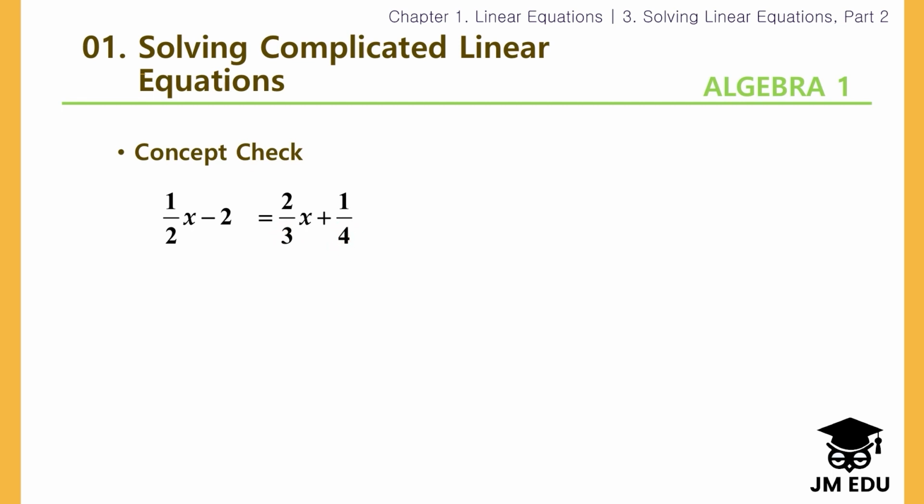So what we have to do is find the least common multiple, LCM, of these denominators, 2, 3, 4. So 2 is just 2, 3 is just 3, but 4 is not a prime number. 4 is 2 times 2, right? So let me write, this is 2 times 2.